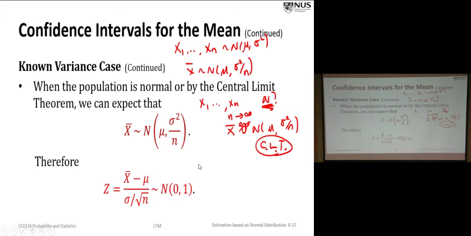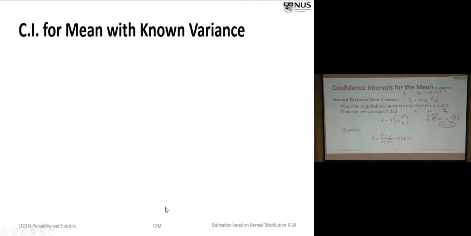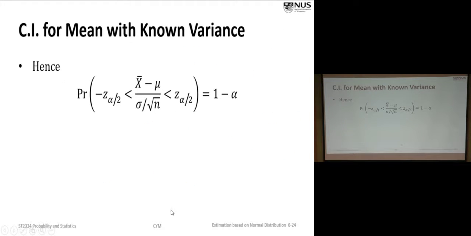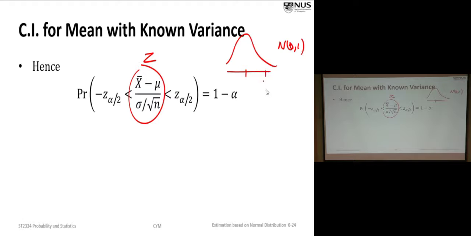So we standardize it. Then here's the trick. This is the standard normal, Z. So it's between these two numbers, meaning it's taken from a standard normal, 0, 1. Between these two numbers, the probability of falling in this region is 1 minus alpha. That's the idea.